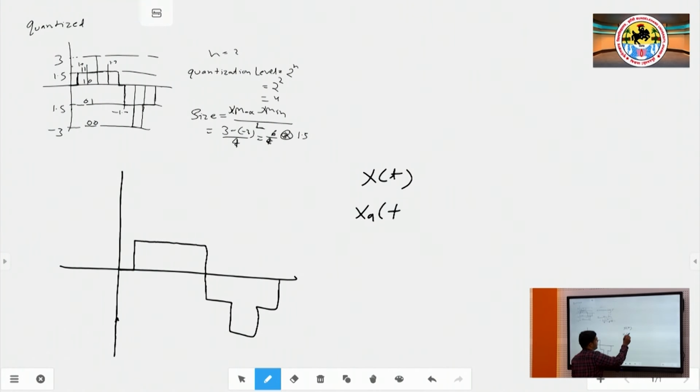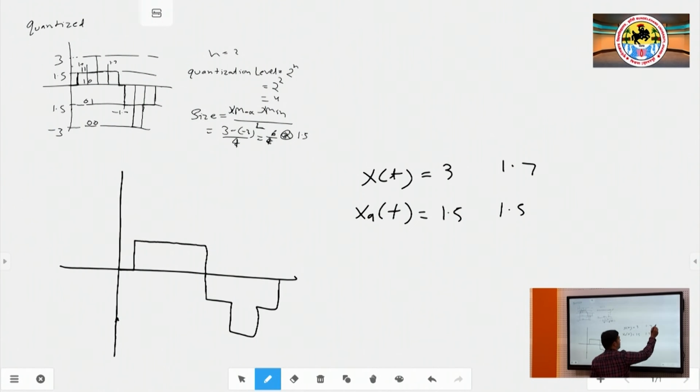If the value of x of t is 1.7, then we select 1.5.